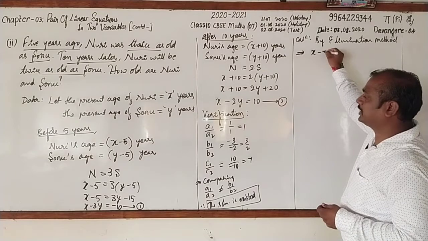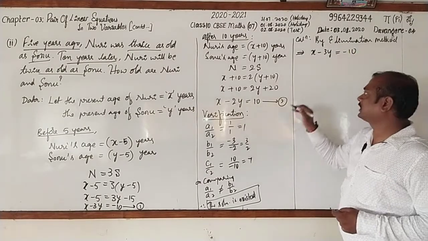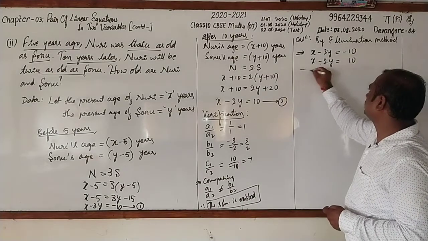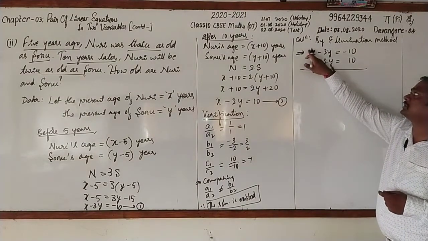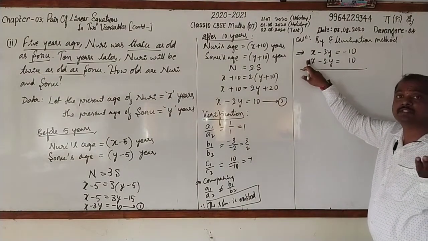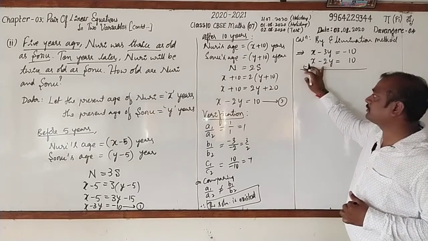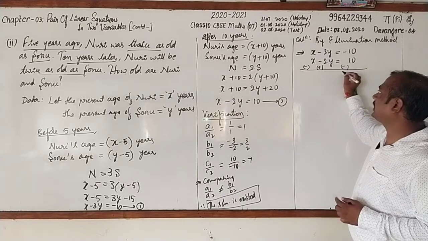And you can also notice that the coefficient of x is the same, even the sign as well. Hence I go for changing the signs. Plus becomes minus, minus becomes plus, here plus becomes minus.